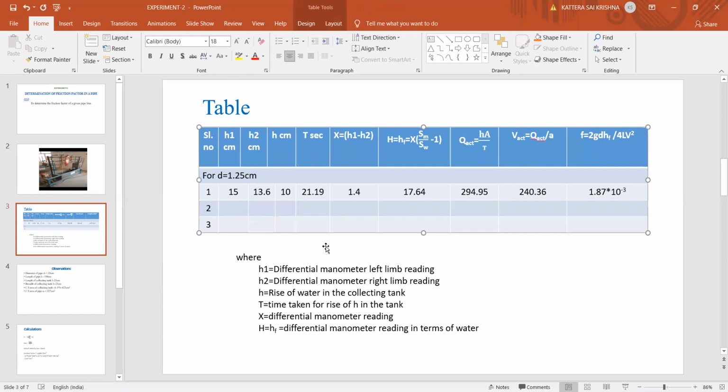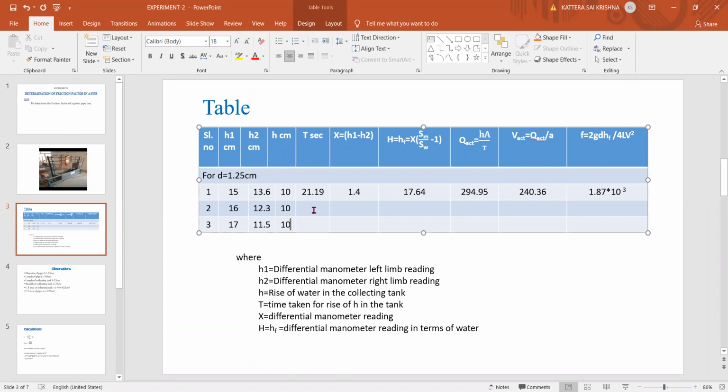Right. Now I'm giving the second reading values. 16, 12.3. 17, 11.5. Always H will be 10, time taken.